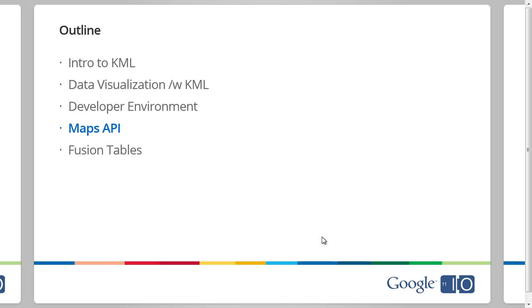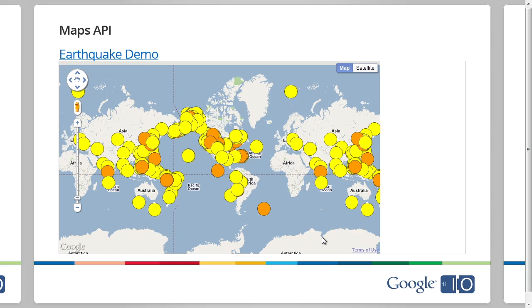So I want to switch gears here and talk about the Maps API, because Maps actually deals with KML in a very different way. I'm going to start with showing you some capabilities here. So this is a USGS KML file overlaid onto a Google Maps API application.